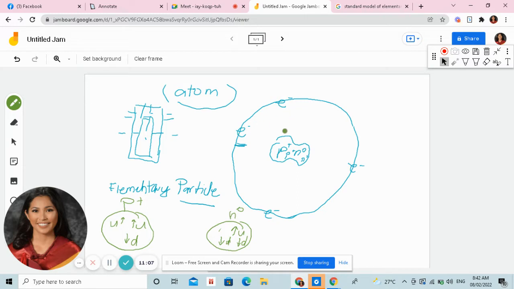Of the three, kinsa ang pinakagaan, pinakagamay? We have Electron, ma'am. Okay, because electron is already elementary particle na fundamental, so isa ra jud siya, but not made up of anything, unlike the protons and neutrons.